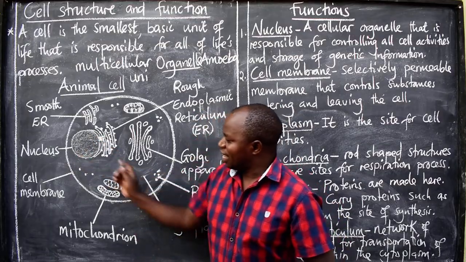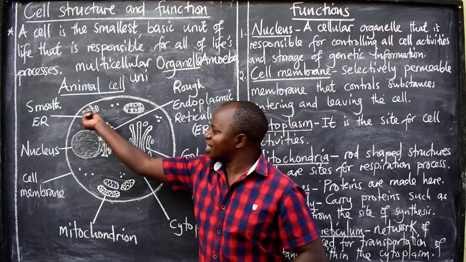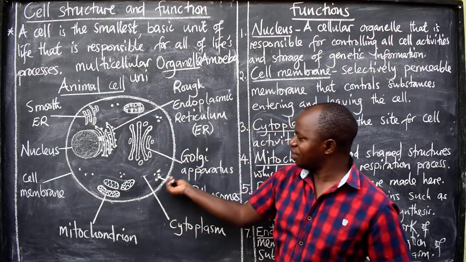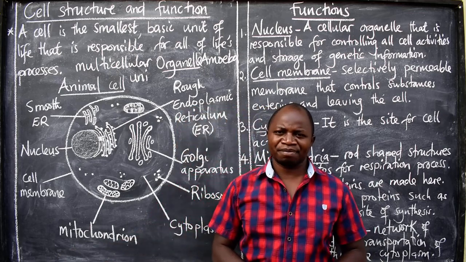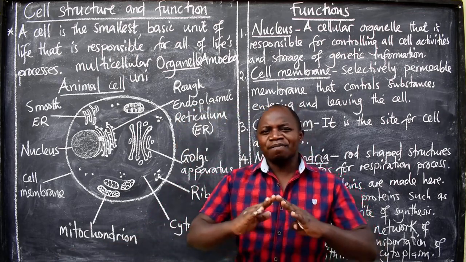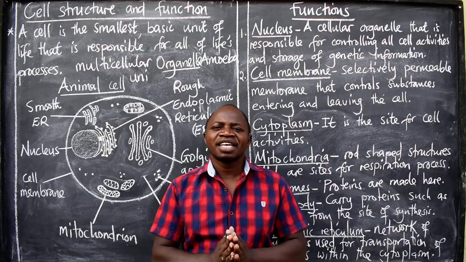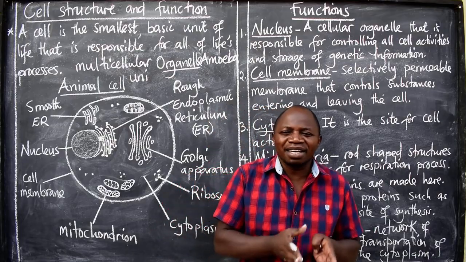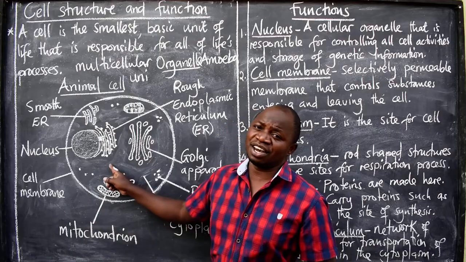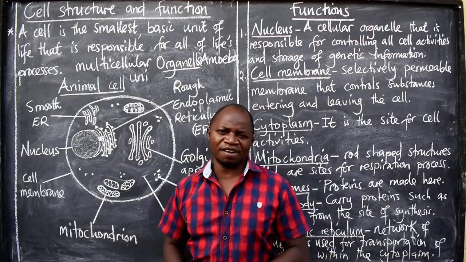From the nucleus here, we have this ring, which is called the cell membrane. This cell membrane allows materials that must enter the cell and leave the cell.